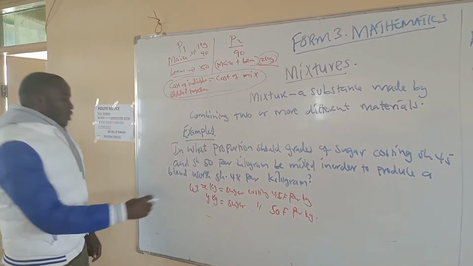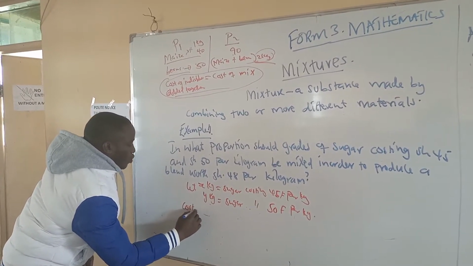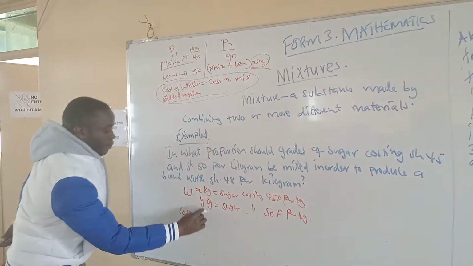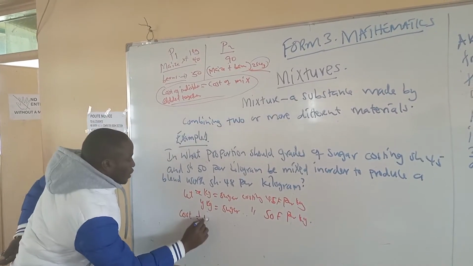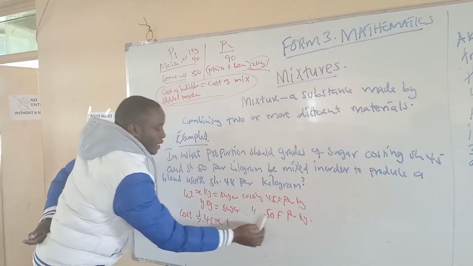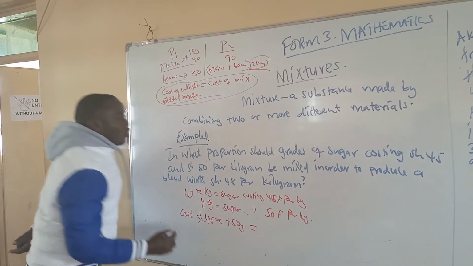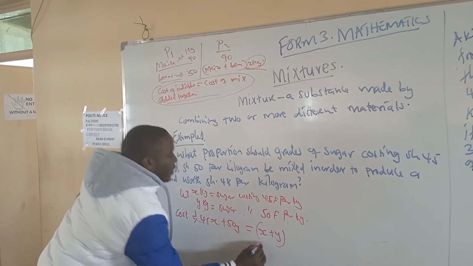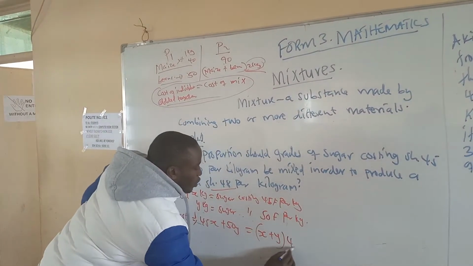So the cost is 45 and there were X kg, so 45X, plus 50 shillings and there were Y kgs, so 50Y. This will be equal to the cost of the mixture, which was X kg plus Y kg, at 48 shillings per kg, so times 48.